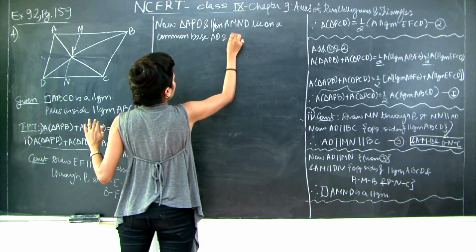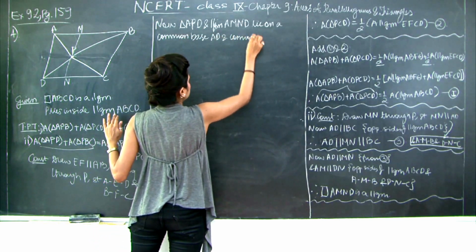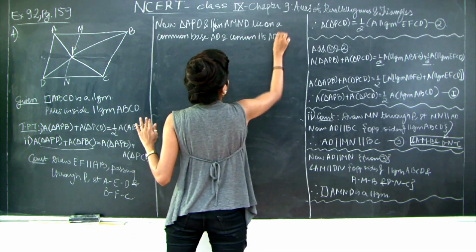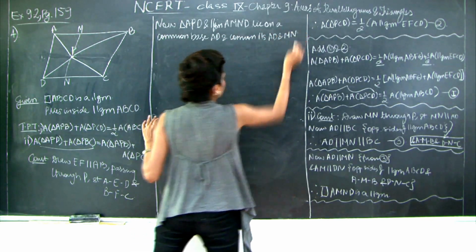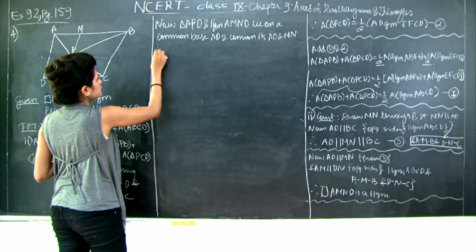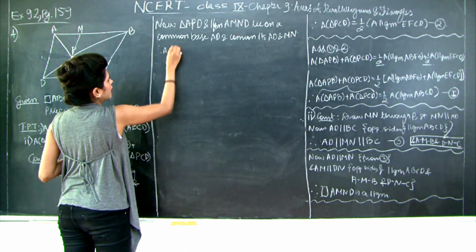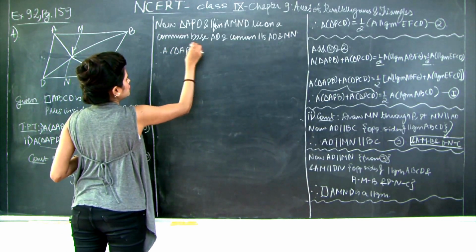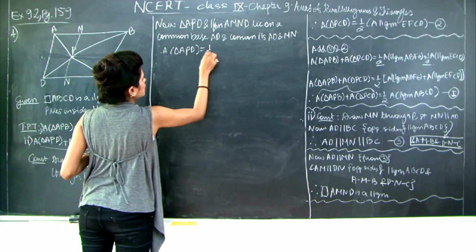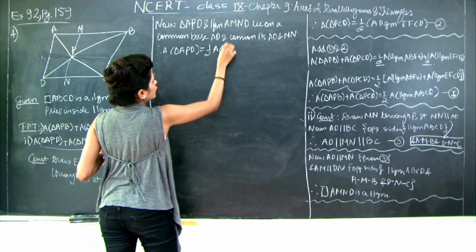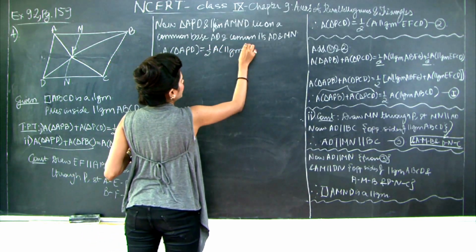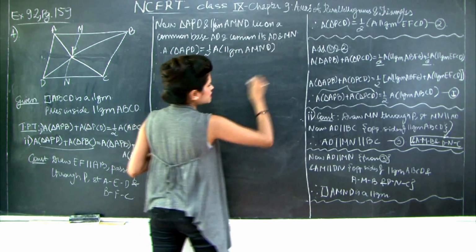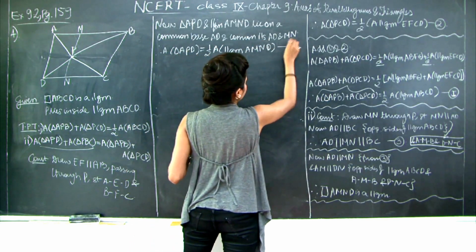And common parallels AD and MN. Therefore, area of triangle APD is equal to half area of your parallelogram AMND. Let's mark this as 4.